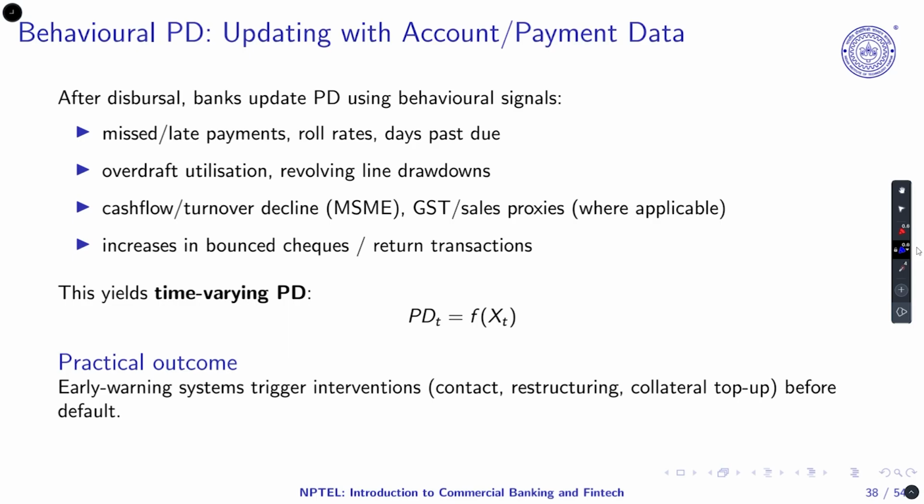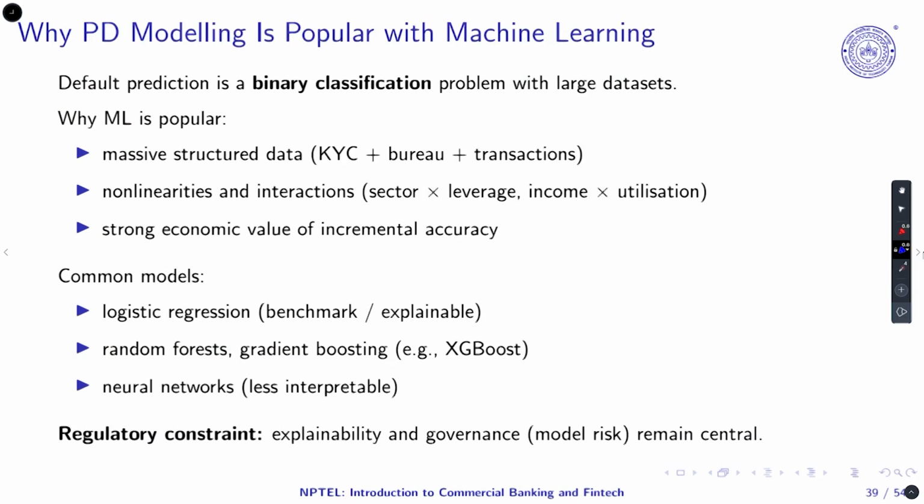And nowadays, because of better computational capabilities, you will find that the majority of them are focusing on building up machine learning models. So this is how probability of default modeling is expanding. If you ask in 2026 what kind of models people are using, logistic regression is of course a popular and appropriate measure.